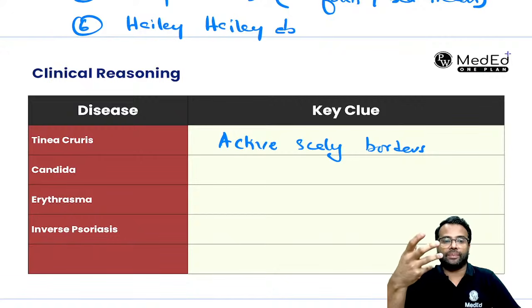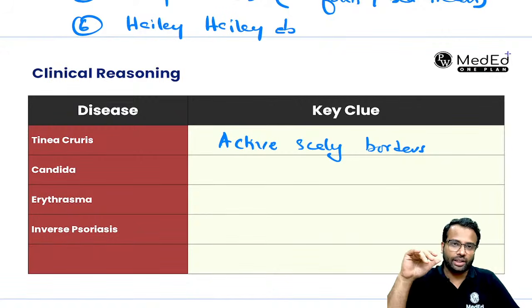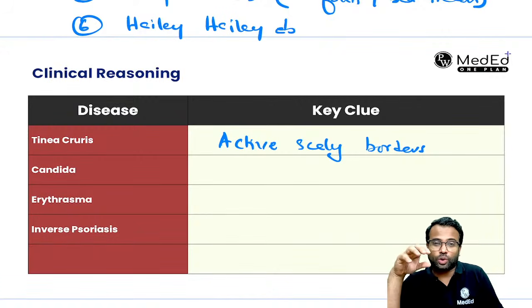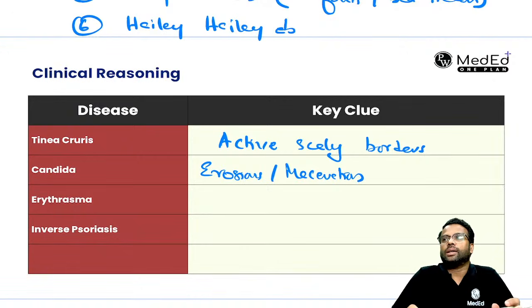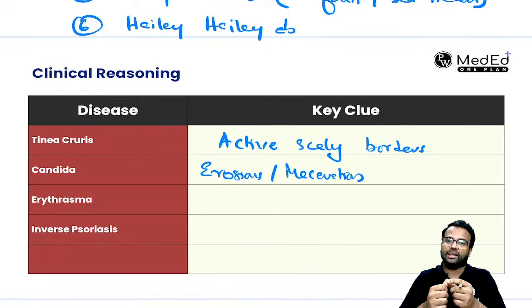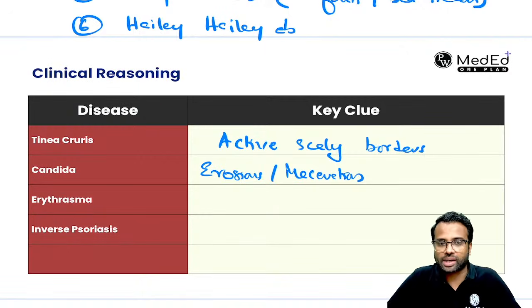If there are candidal lesions, like candidal intertrigo, here there will be erosions and maceration, meaning it is mostly skin that, because of the sweat and all, is soaked in water and the consistency of the skin will change. It's called maceration.